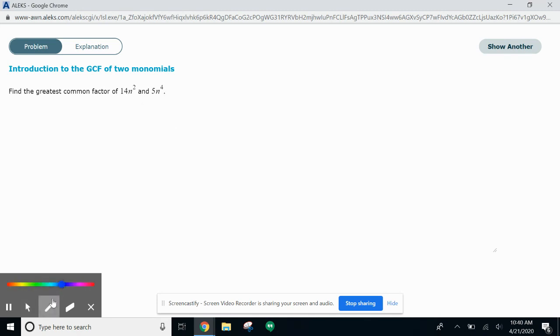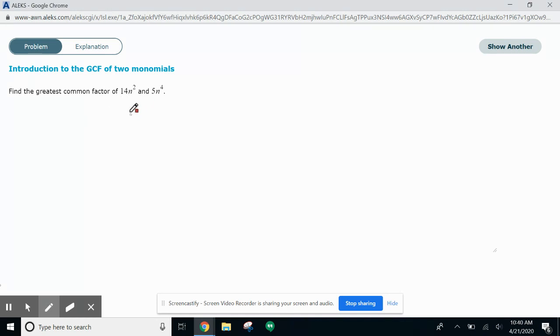If we look at this problem here, we have 14n squared and 5n to the fourth. So we're going to look at the numbers, the 14 and 5, and we're also going to look at the variables, the n's, to see what they have in common. If we're looking at factors of two different terms, we're looking for what they have in common that we can divide out of them.